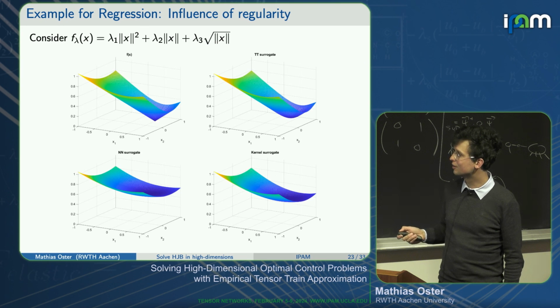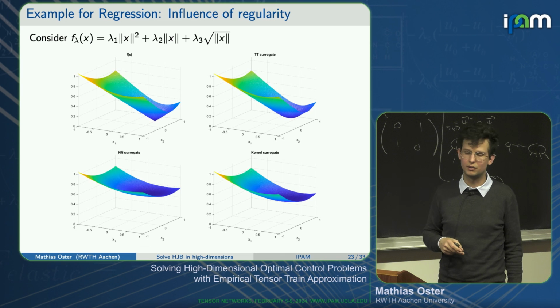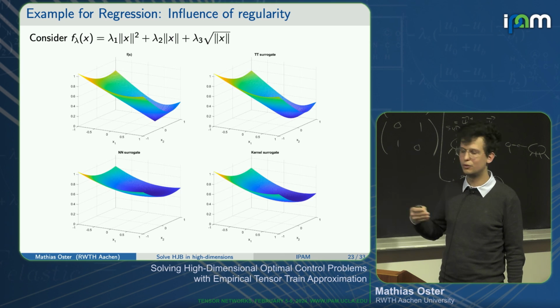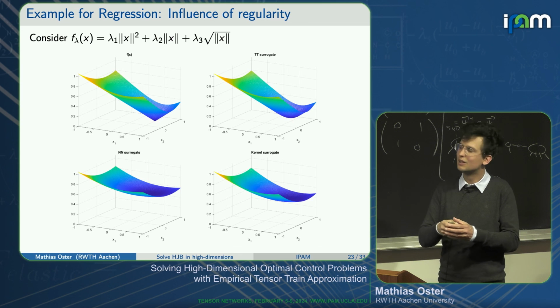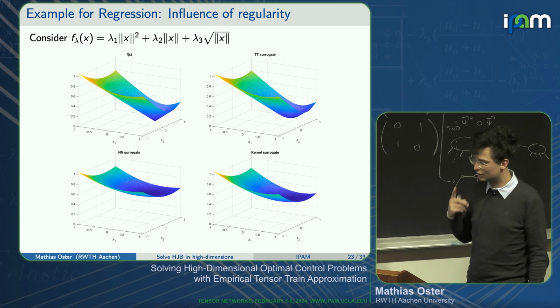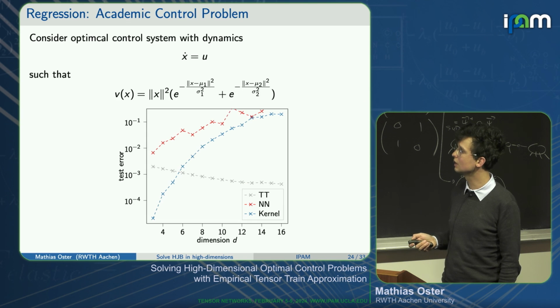The mass of the area where we are not very well approximating is very small, so it's not seen in the L2 error. This is one reason why TT works so well, because the non-differentiable parts are so small that you cannot see them in the L2 approximation. This is something you need to keep in mind if you evaluate the results of the numerics.